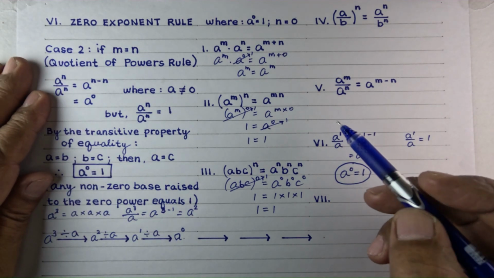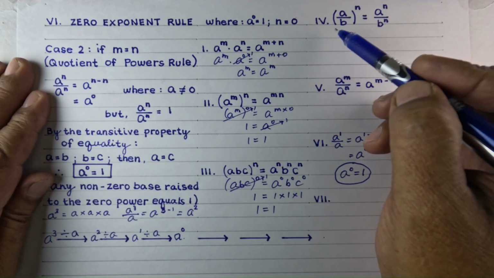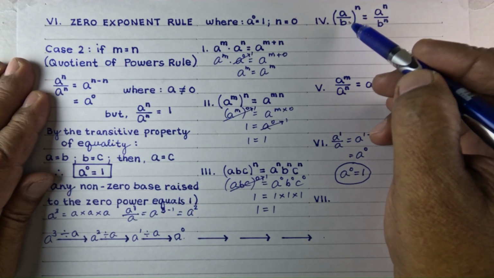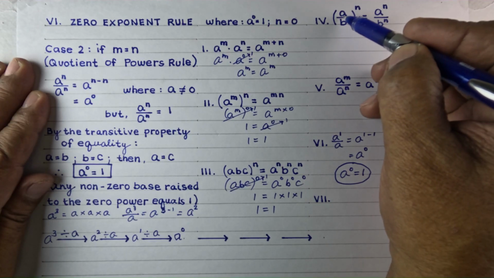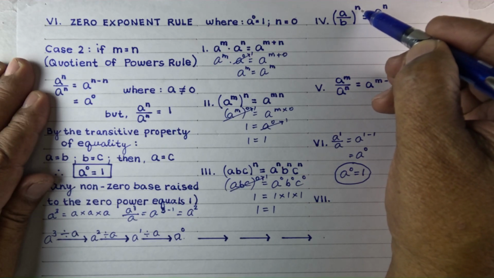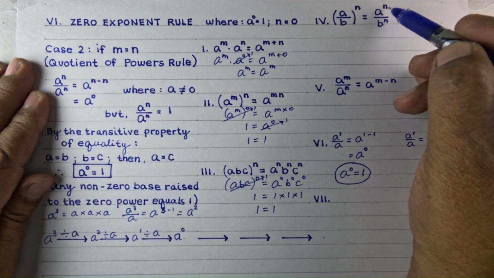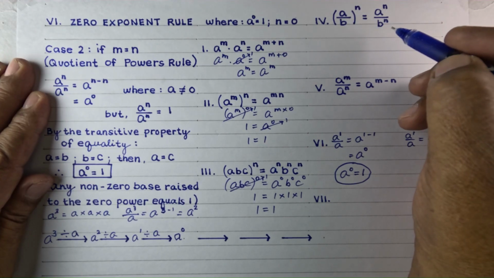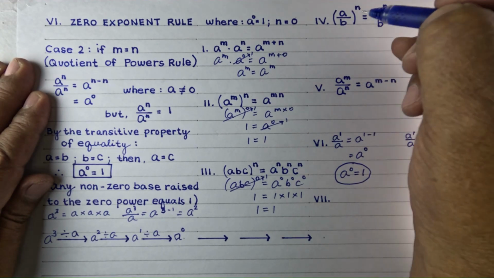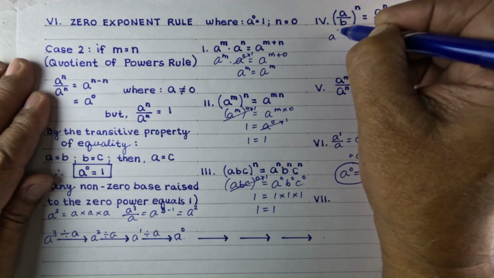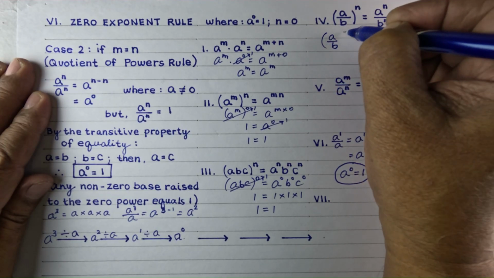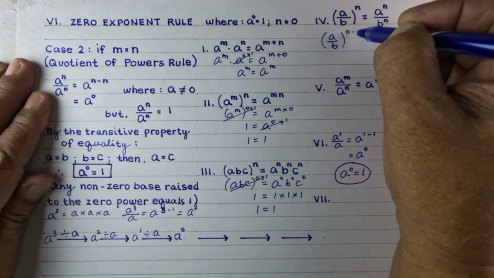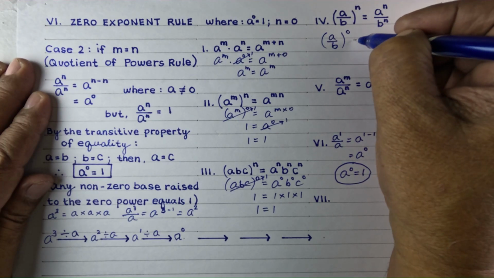So they concluded that a to the 0 equals 1 was consistent with the third law. Then they tested it against the fourth law, which is the power of a fraction rule. So that's the fraction a over b quantity raised to the n power equals a to the n over b to the n. So this becomes now a over b raised to the 0 power, because they set n equals 0.